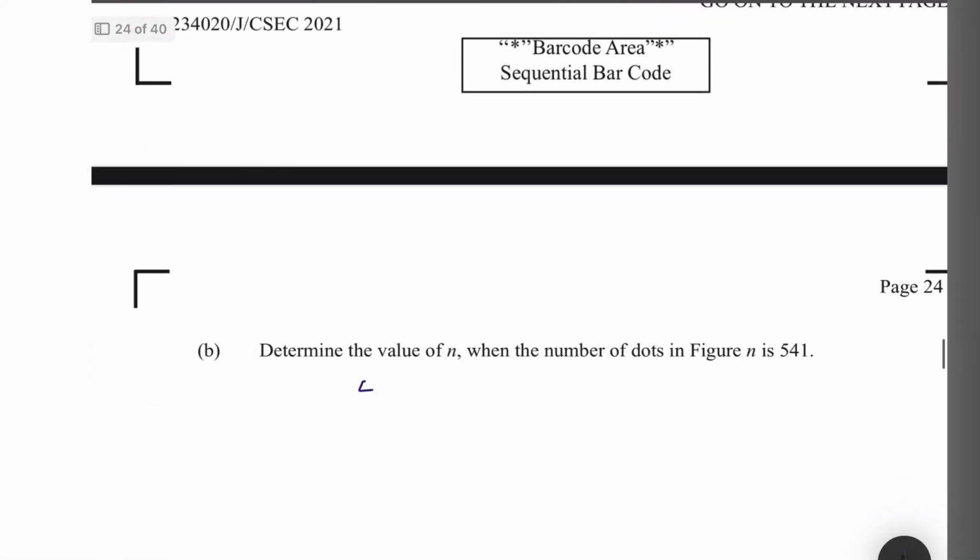So that's 4n plus 1 is equal to 541, because that's what this question is telling us. The number of dots is 541. So if the number of dots is 541, it means 4 times whatever n is plus 1 is 541. So this would be 4n is equal to 540.